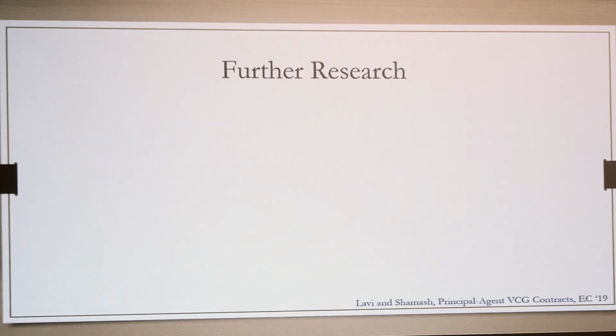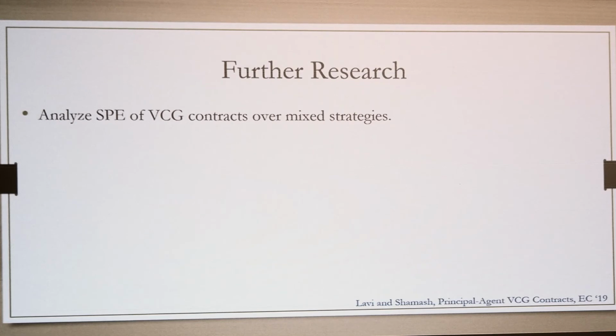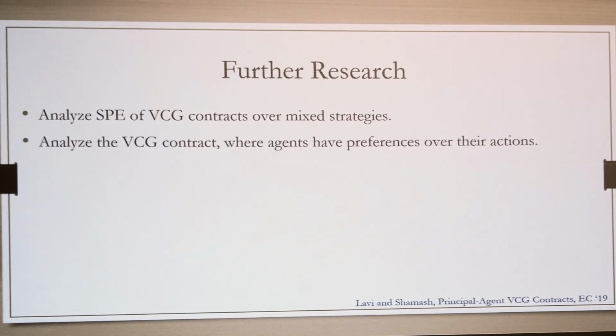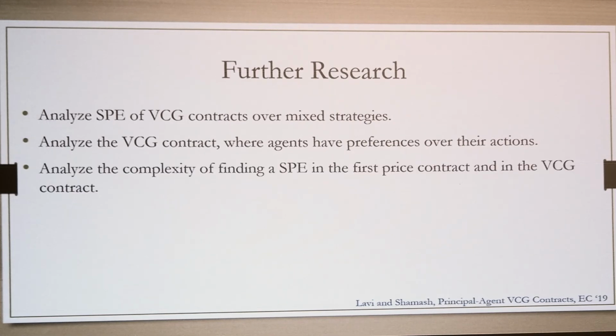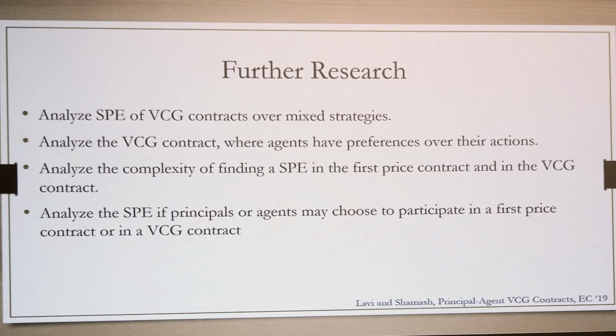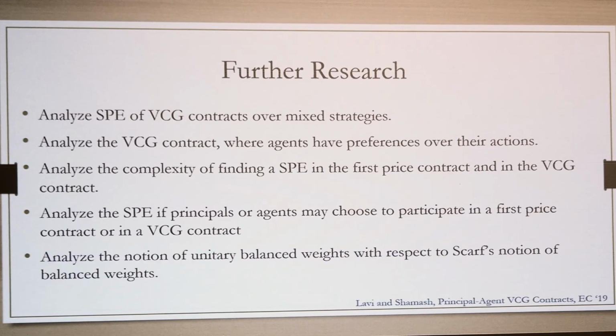Further possible research. It would be interesting to analyze the subgame perfect equilibrium over mixed strategies, to analyze the VCG contract if agents have preferences over their actions, to analyze the complexity of the first price contracts or the VCG contracts, and to analyze the subgame perfect equilibrium if principals or agents could choose which contract to use, the first price contract or the VCG contract.